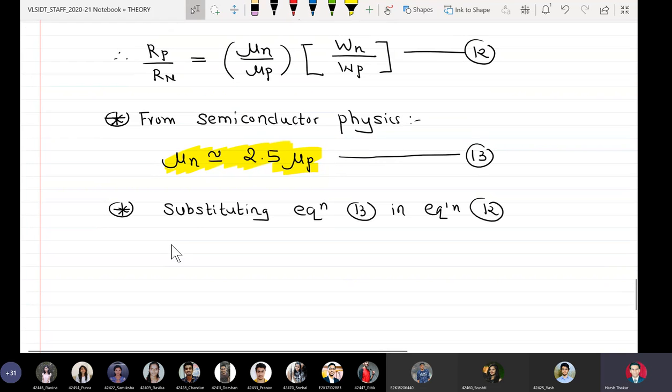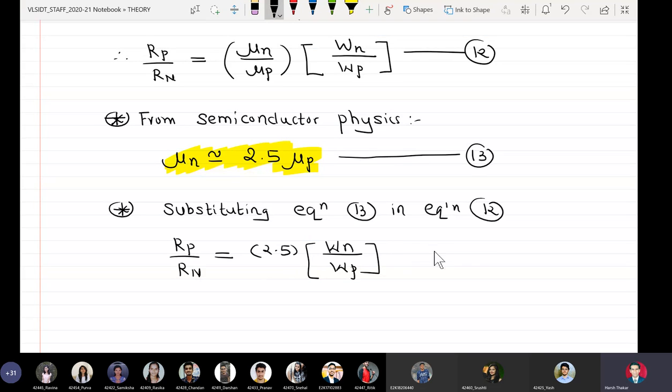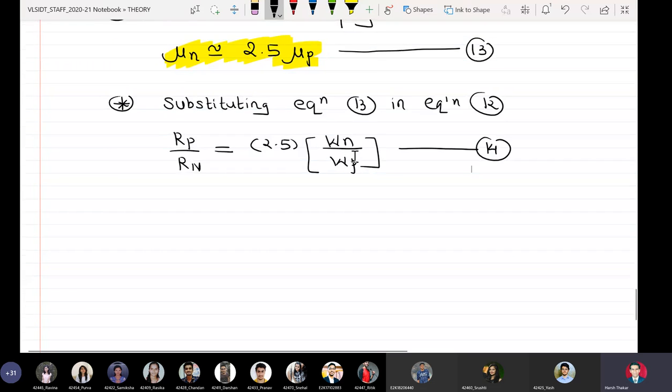What we get is Rp upon Rn is equal to 2.5 times into Wn by Wp. This is equation number 14.